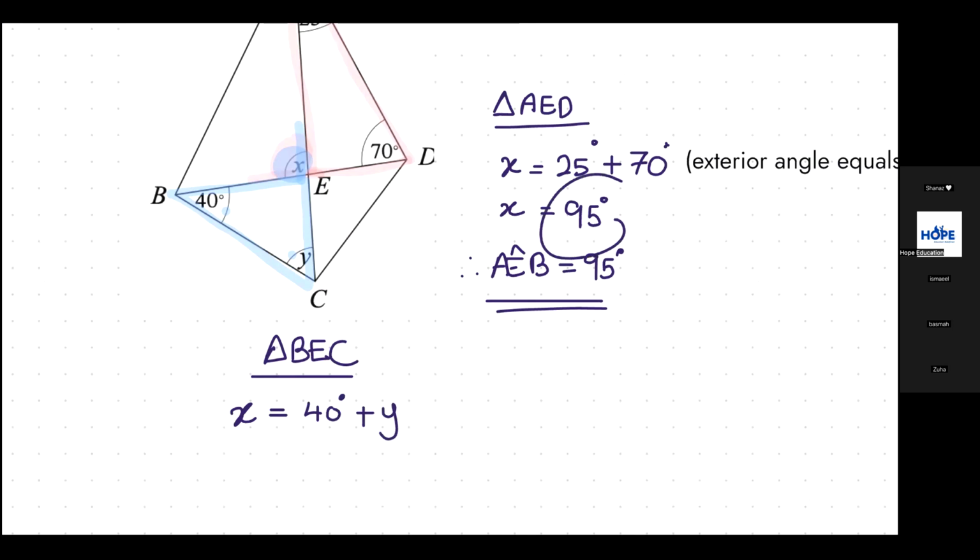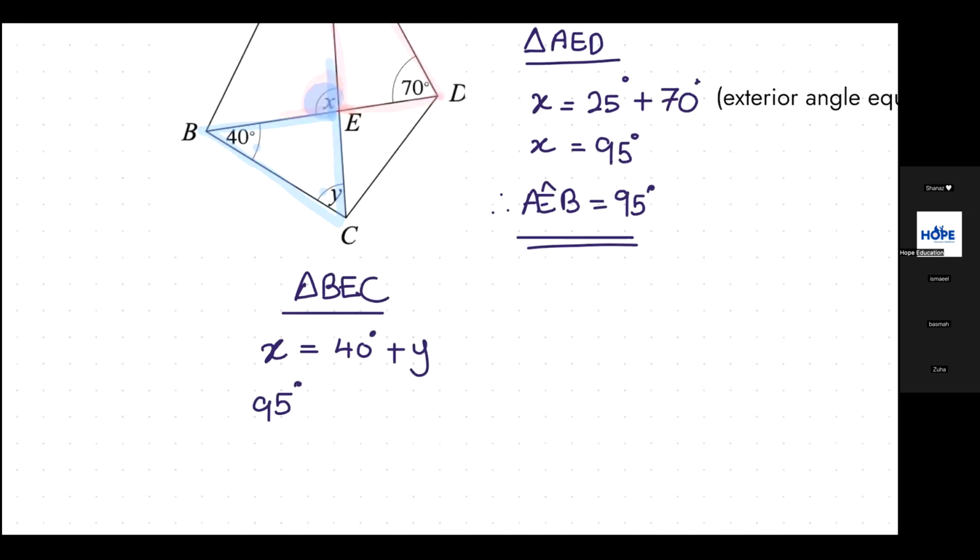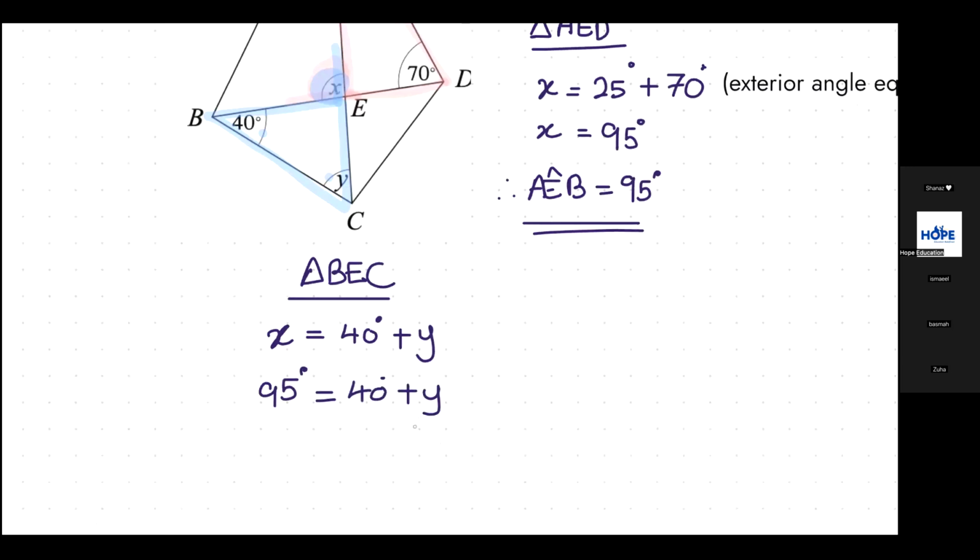X is 95. So instead of X, I will write 95 here: 95 equals 40 plus Y. I leave Y here.